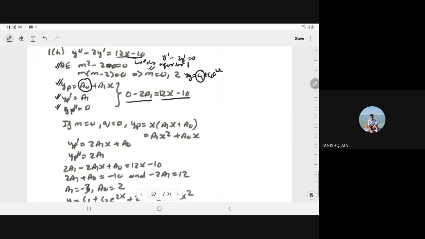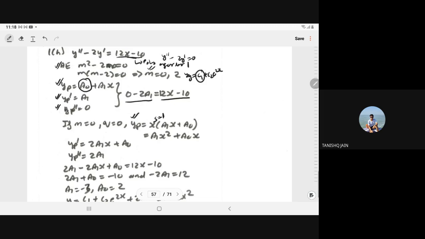Means you are not able to compute the value of a naught and a1. So if we have that problem, in that case we take the yp as x to power s, where s is equal to 1, means x to power 1.